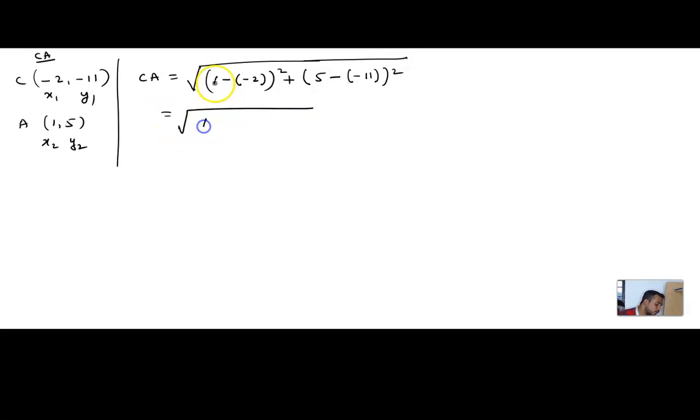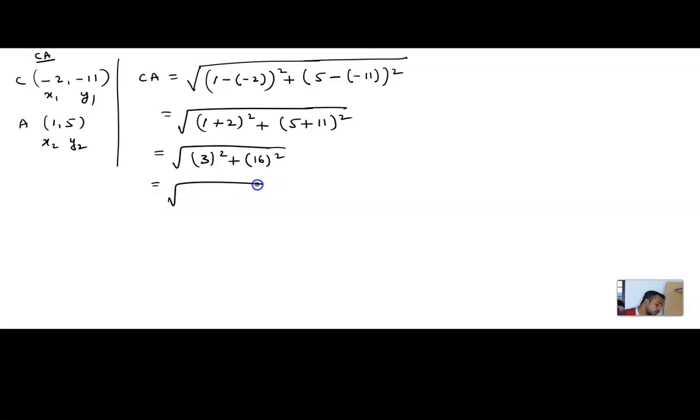So root of (1 minus (-2)) whole square plus (5 minus (-11)) whole square, that is root of (1 plus 2, that is 3) whole square, (5 plus 11, that is 16) whole square. That equals root of 3 squared is 9, 16 squared, 16 into 16, 256. So root of 9 plus 256, that is nothing but 265.